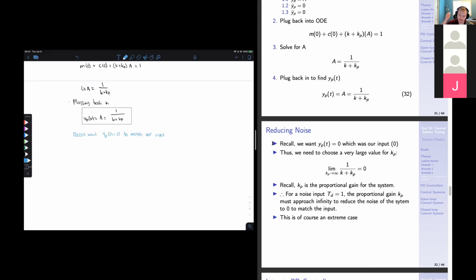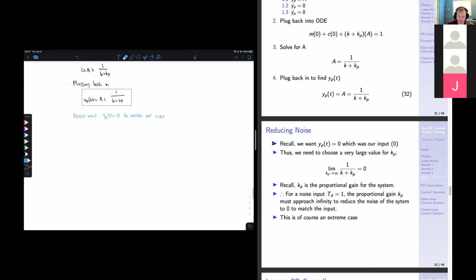Looking at our equation, y sub p equals a, which is 1 divided by k plus kp. If we want this to equal 0, we need a very, very large value for kp, our proportional gain. So we take the limit as kp approaches infinity, and then y sub p equals 0.